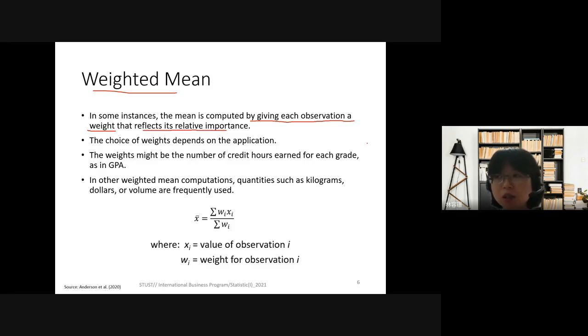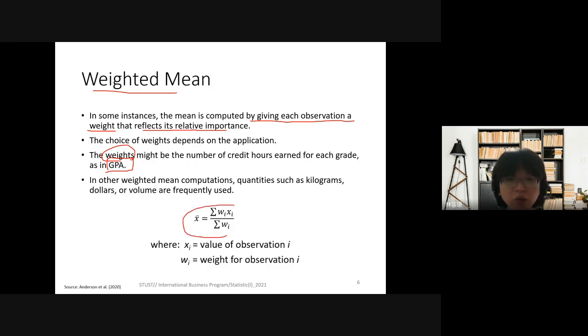For example, when we calculate your GPA, you will find different subjects may have different weights on it, so you calculate it for your GPA. In other weighted mean computations, quantities such as kilograms, dollars, or volume are frequently used.